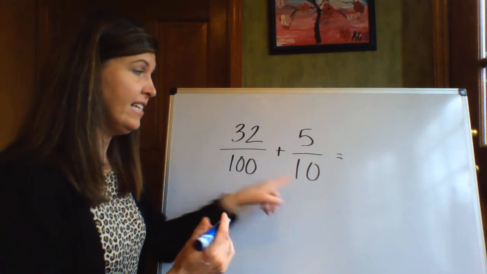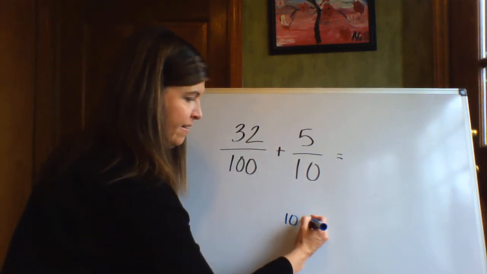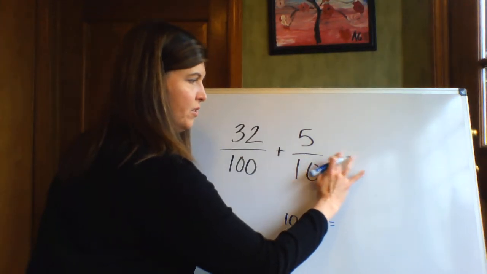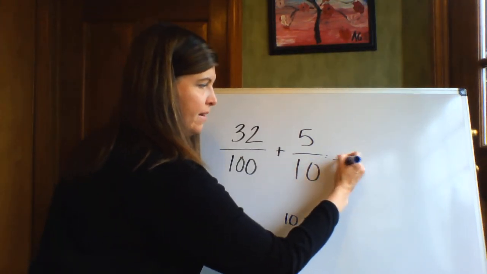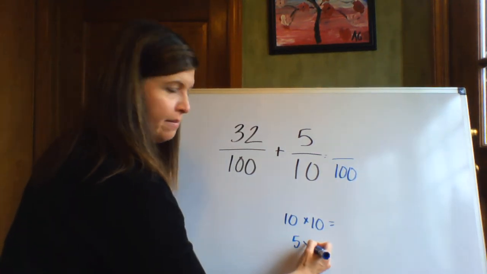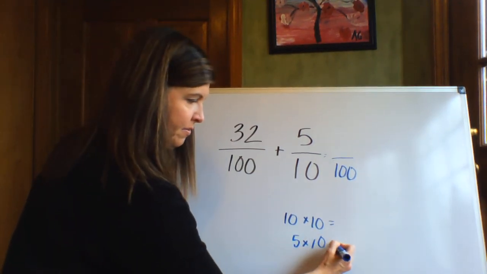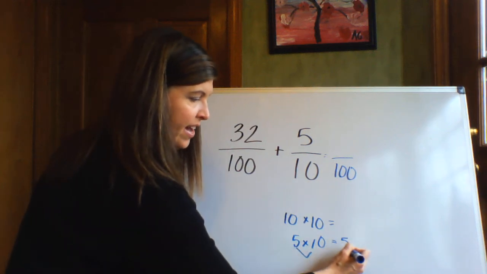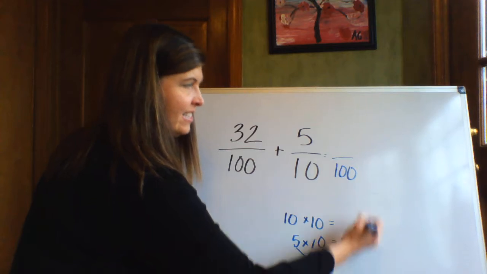So if I say 10 times 10, I know that's going to be 100, so that this fraction becomes equivalent to 100. And 5 times 10, when we did it before, we did our base fact 5 times 1, which is 5, and then added the 0.